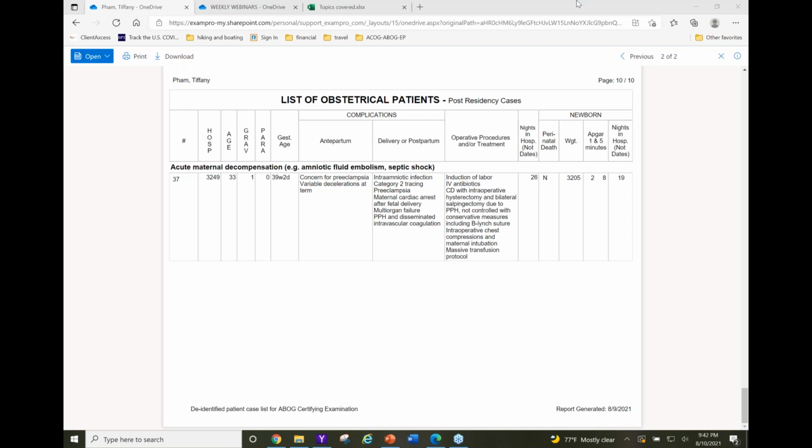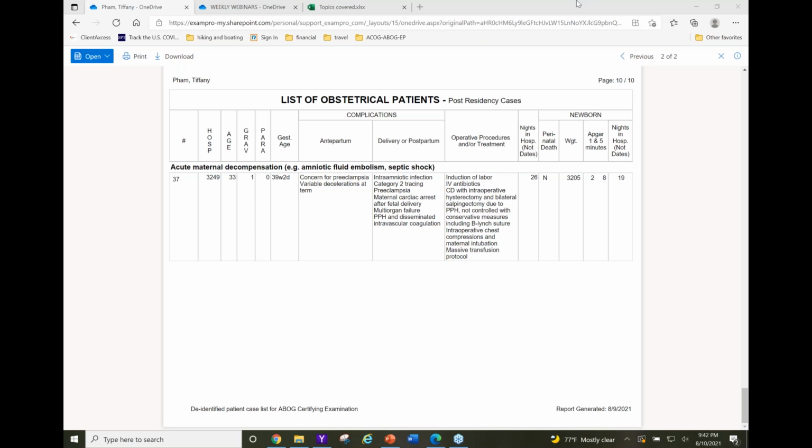Okay, so what I would do is say massive transfusion protocol, and then on the next line say hysterectomy and bilateral salpingectomy. You're just going to say it as a procedure, as a treatment. You're not going to describe it as a sentence. Was it a total or supracervical? Supracervical. So I would say supracervical hysterectomy and bilateral salpingectomy.